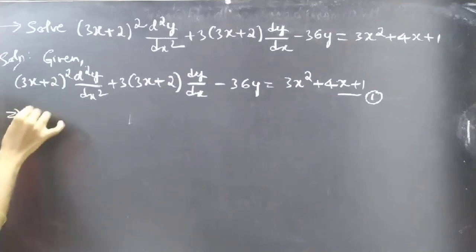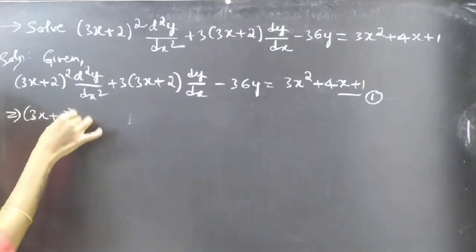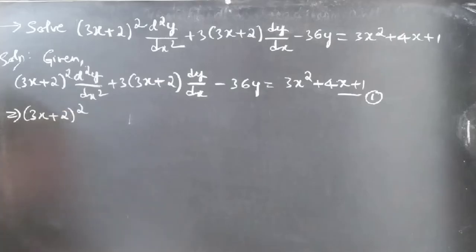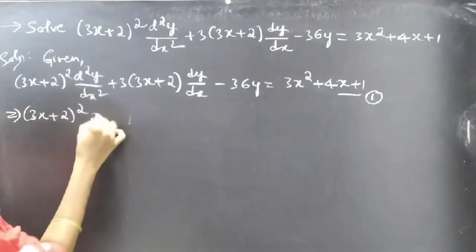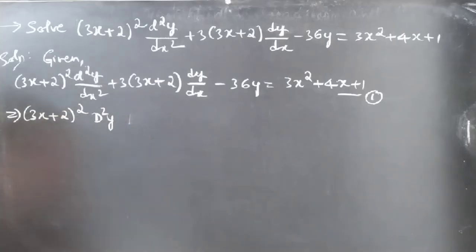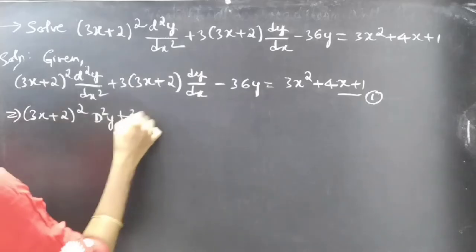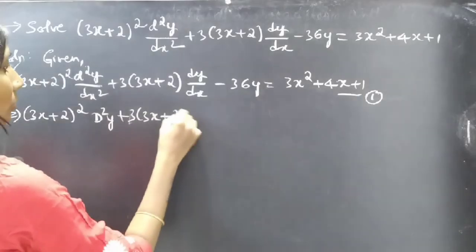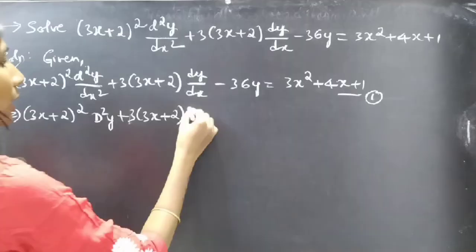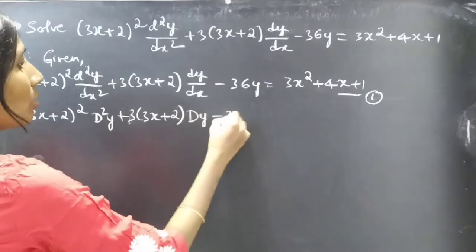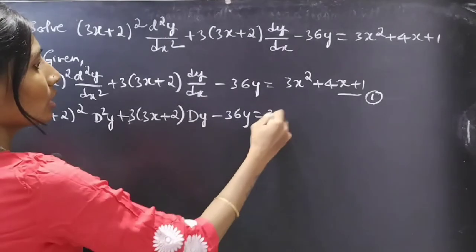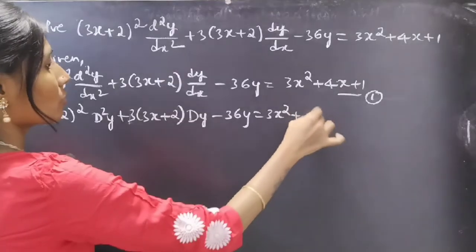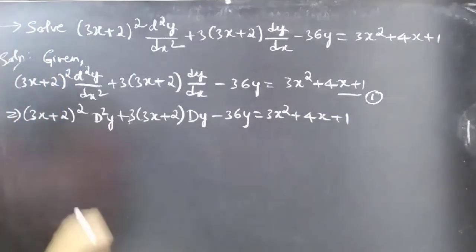Now, we can write d²y/dx² as D²y using the differential operator D, right? Plus 3 into (3x+2) into, write dy/dx as Dy, minus 36y equal to 3x² + 4x + 1.